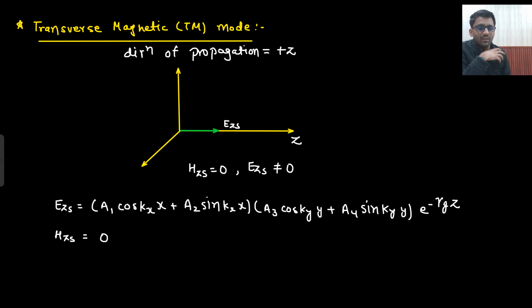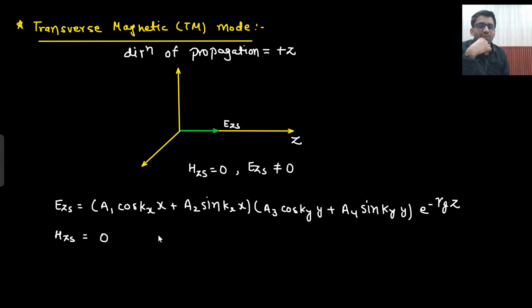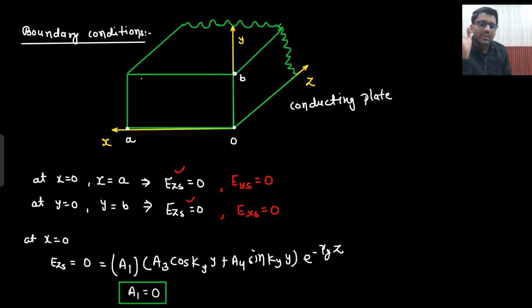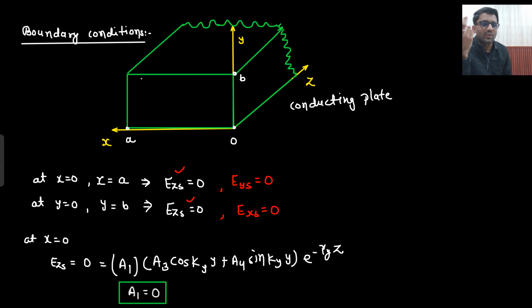Right? Now we will put another boundary condition, that is y equals to 0. If I put y equals to 0, there will be nothing happening with the x component. The x component will be coming as it is. At y equals to 0, my Ezs should be equal to 0. So my x component will be coming as it is, but A1 is already 0. I know that my A1 is already 0, so I am not going to write the A1 term.